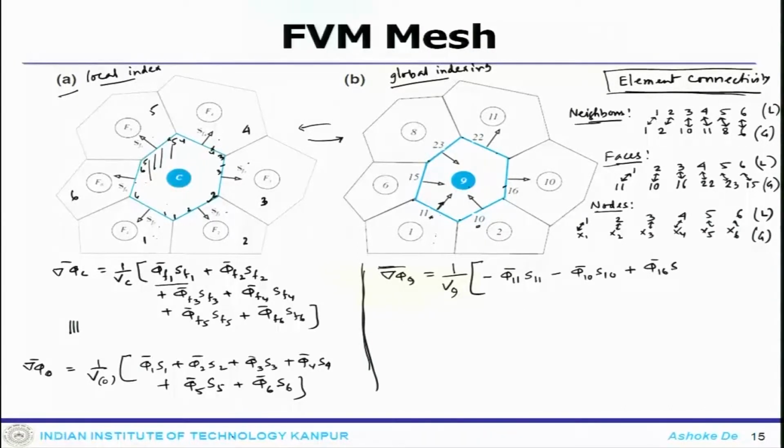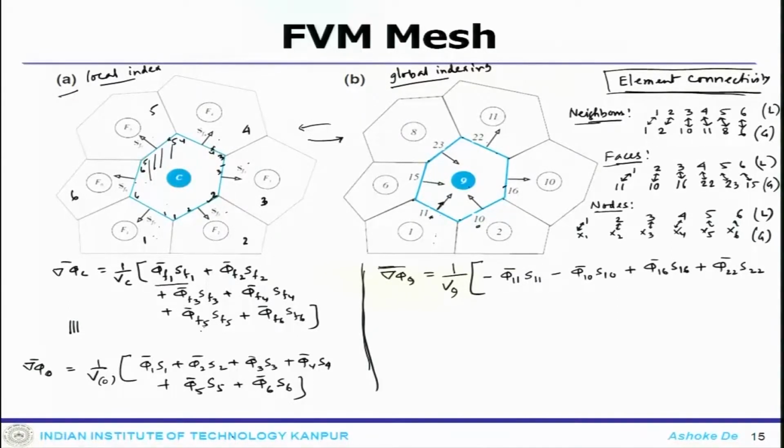F4 is connected with face number 22, and the surface vector is also going outward, so this would be phi 22 S22.